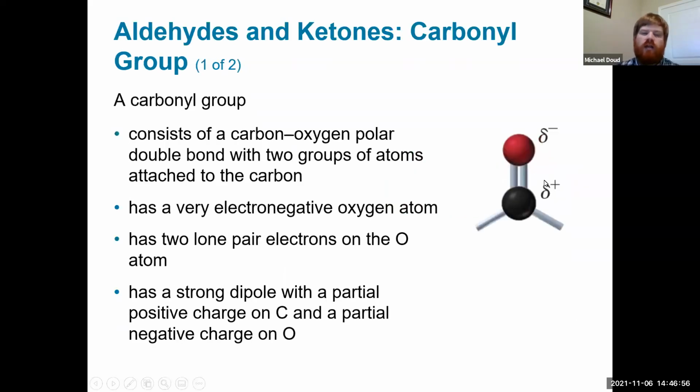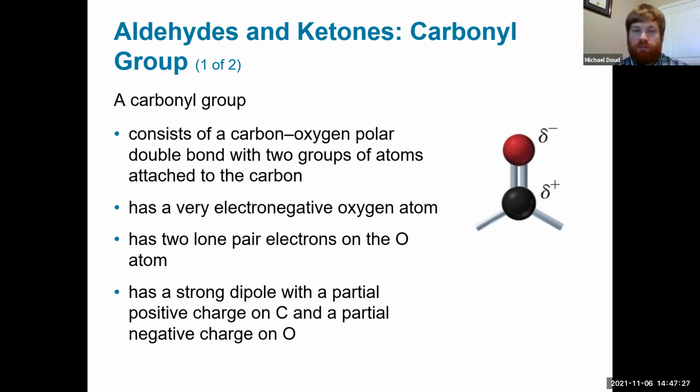Let's go ahead and start by looking at one particular group of molecules, what we're going to call a functional group, that is going to show up again and again during these chapters on organic chemistry and then in biochemistry as well. It's what we call a carbonyl group. A carbonyl group is just a carbon-oxygen bond, and specifically it's a double bond. If you look at your periodic table, you'll see oxygen is much more electronegative than carbon.